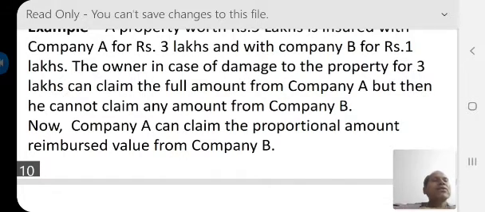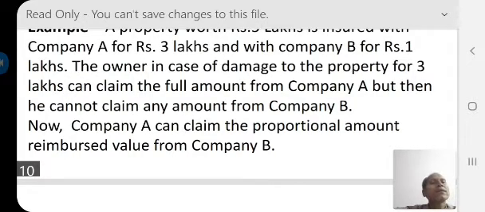Now, the property worth 3 lakhs is damaged and he can claim the full amount from A. But then he cannot claim any amount from company B, because the damage is 3 lakhs.